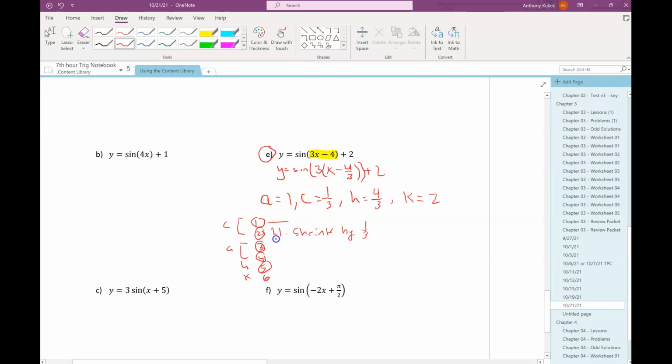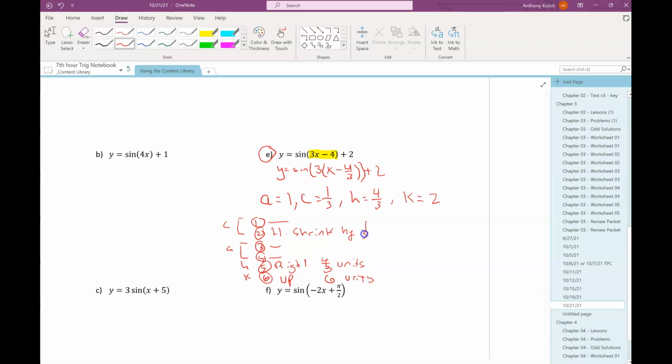Since A is positive, there's no reflection, so I'll put a dash there. And since the absolute value of A is equal to 1, there's no vertical stretch or shrink. Since H is positive, we're going right 4/3 unit. And since K is positive, we're going up, and since it's 2 units. Cool.